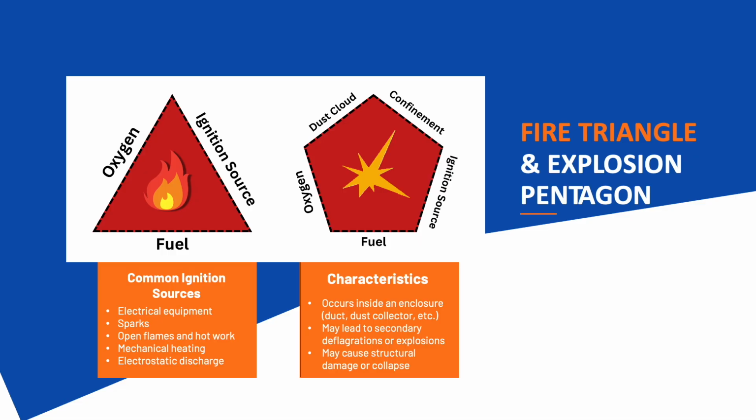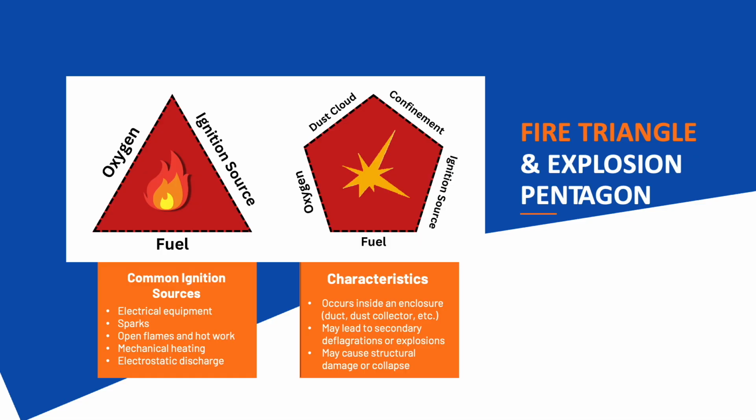For an explosion, there's a five-sided pentagon, which kind of describes it. So you have your same three, you have your fuel, oxygen, and your ignition source. But for an explosion, you also need dispersion. So you need your dust not to be settled in a pile, but dispersed throughout the air. And then you need confinement. So if it catches on fire, if it's not confined, you may have a fireball, but you will not have an explosion.